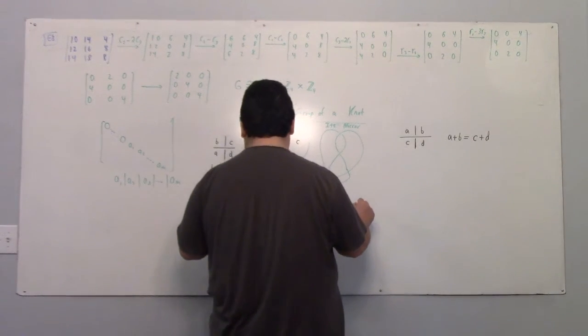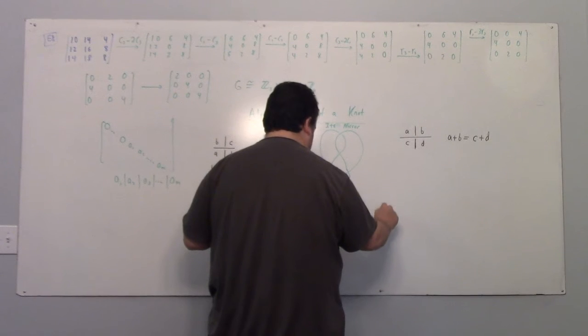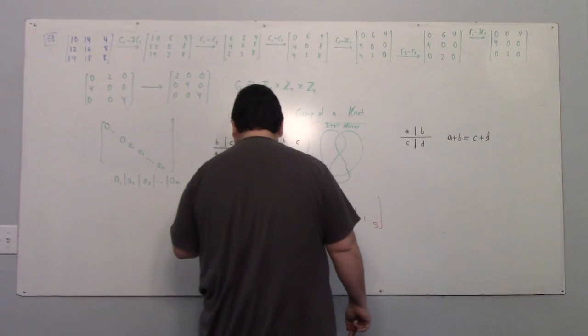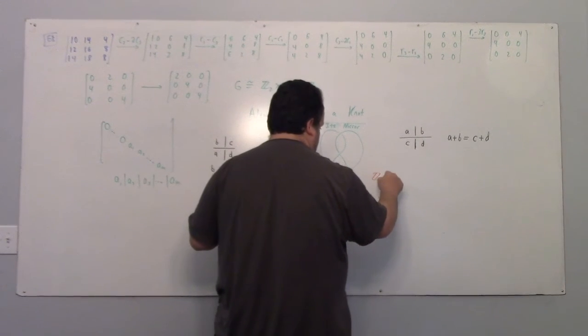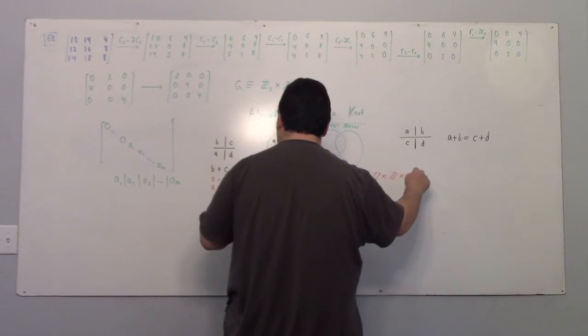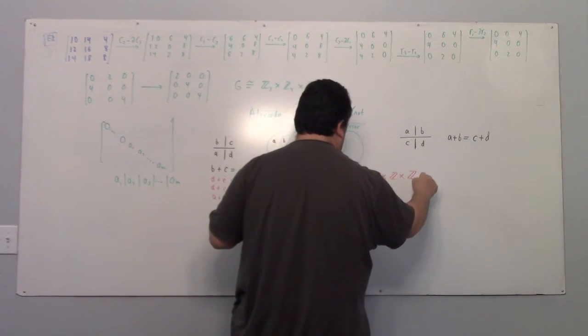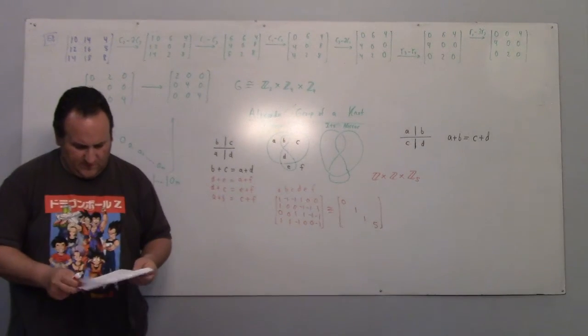Is it zero? No, where's it? Well, there's a 5 down here, I believe. I mean, supposedly it's isomorphic to Z cross Z cross Z5. I'm trying to remember what that means for the matrix.